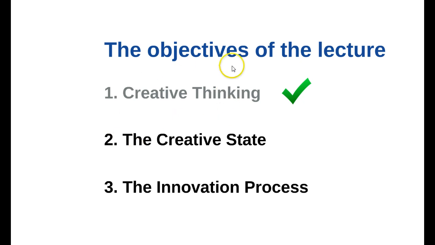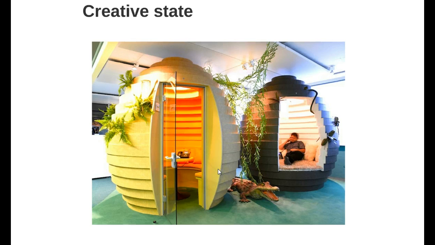That was a little bit about the creative thinking, and now we are going to talk about the creative state and how other companies have done to get their employees into a creative state. In the AOE method, we're also going to talk about it scientifically, what the science has said about the creative state.